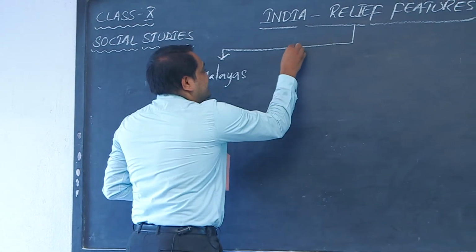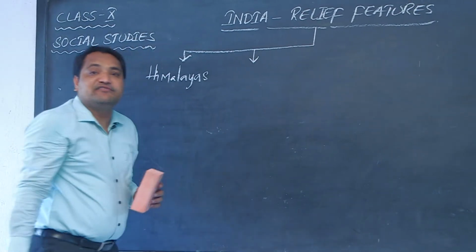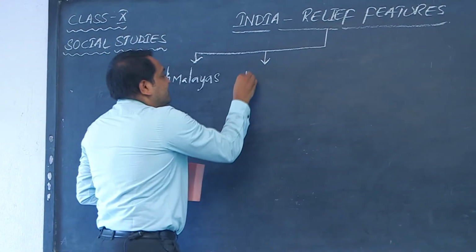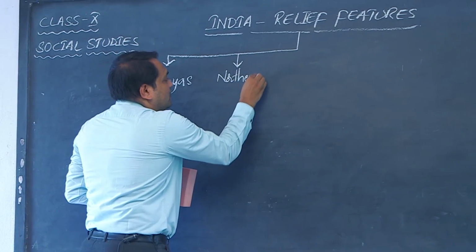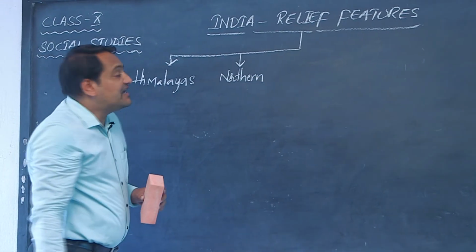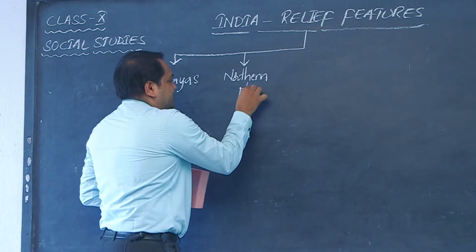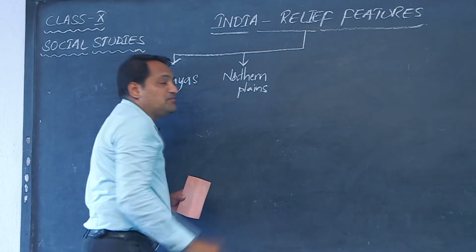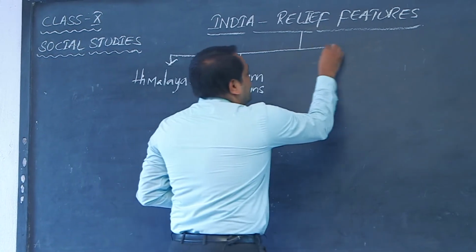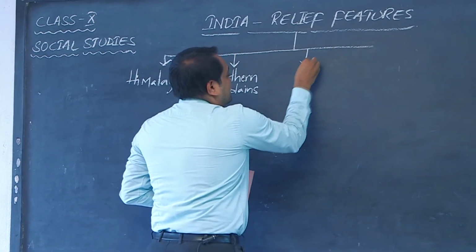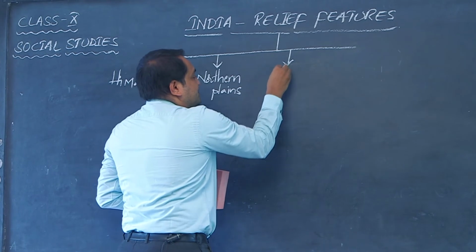After the Himalayas, the second important relief feature is the northern plains. These northern plains are also called the Indo-Gangetic plains. Then the third one is plateaus.